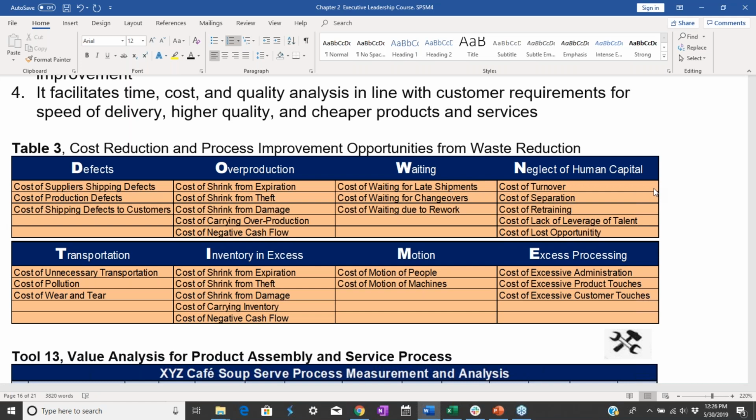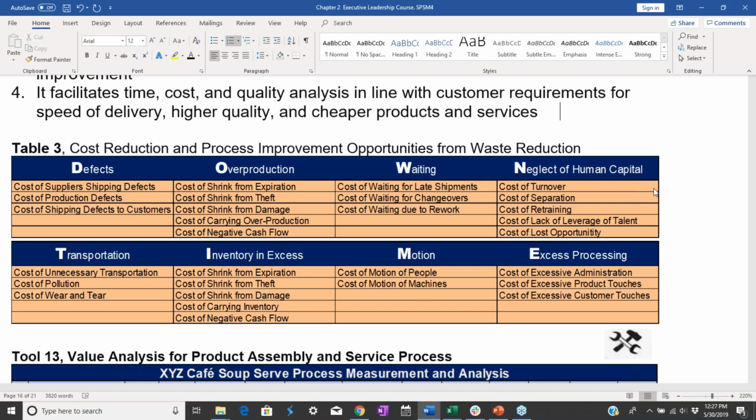So again, it depends on the process. For example, just to finish up on that question, you may have a process that's configured in a way that it forces excessive motion and transportation because certain items are not at point of use. So in that case, transportation and motion could be a dominant waste category.